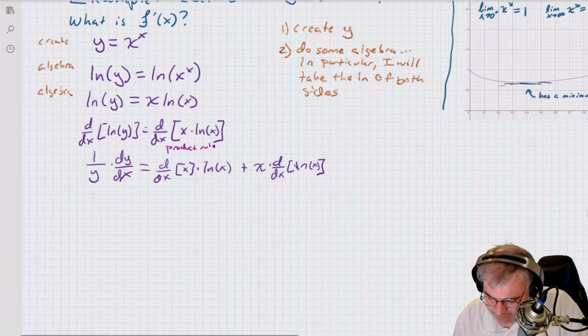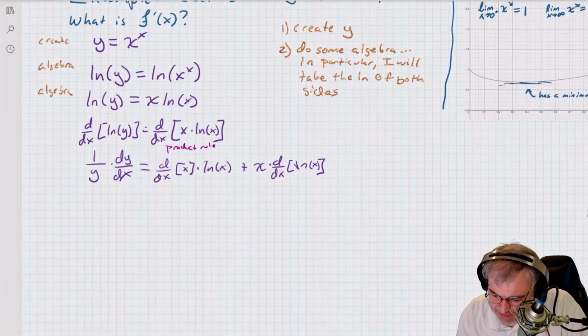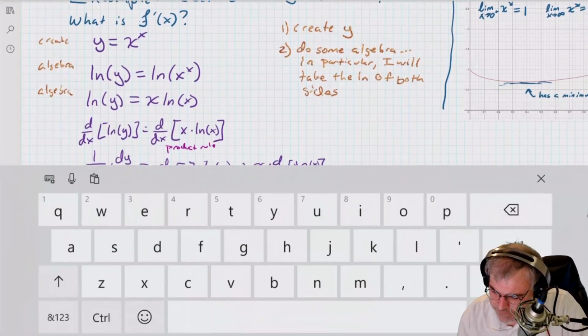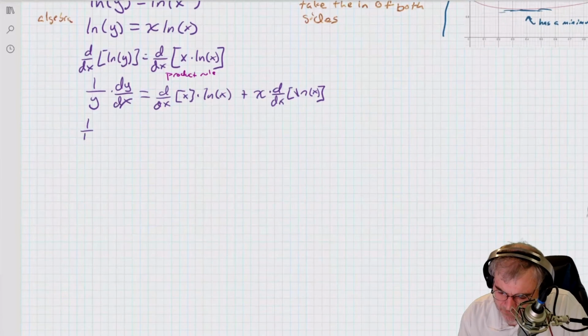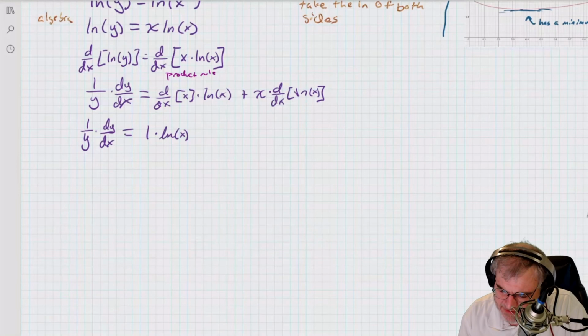Now I'm going to clean this up and I get 1 over y times dy over dx equals 1 times ln of x plus x times the derivative of that, which is 1 over x.